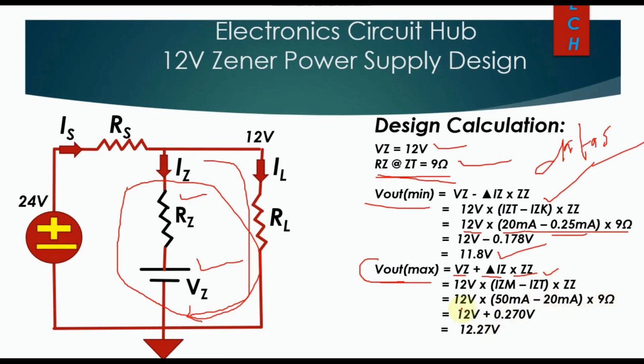If you solve this, you will get 12.27 volt. So for this Zener diode, you will have a voltage variation of 11.8 volt to 12.27 volt. If you subtract 11.8 from 12.27 volt, you will get around 400 millivolt ripple. So there would be a 400 millivolt variation across your supply.